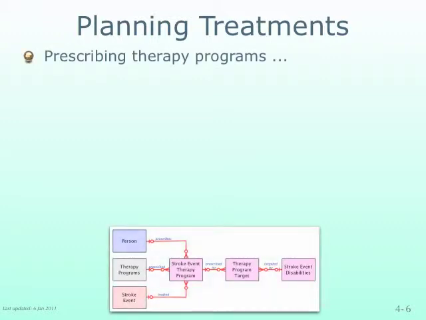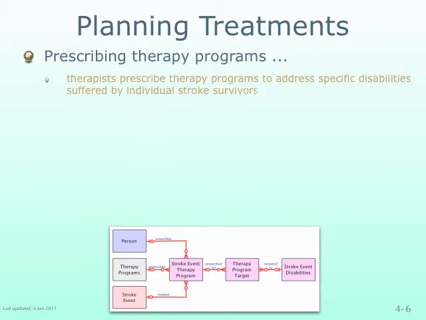The Stroke Rehab app can also keep a record of the decisions specialist stroke therapists or community-based therapists make when they prescribe particular therapy programs to address specific disabilities suffered by individual stroke survivors.